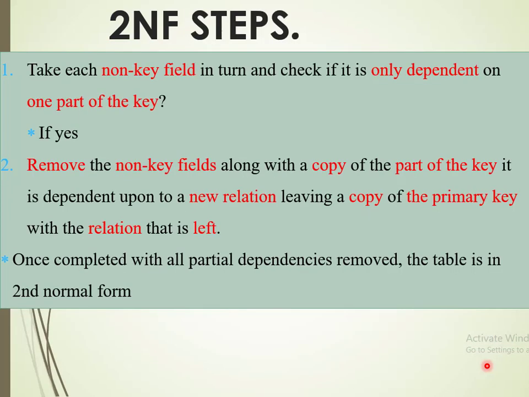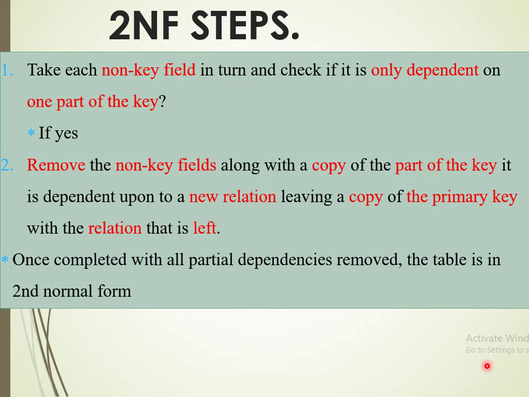What happens when you realize that you have a relation that has partial key dependency? What you do is take each non-key attribute or each non-key field and check whether it's dependent on the entire key or only on one part of the key.